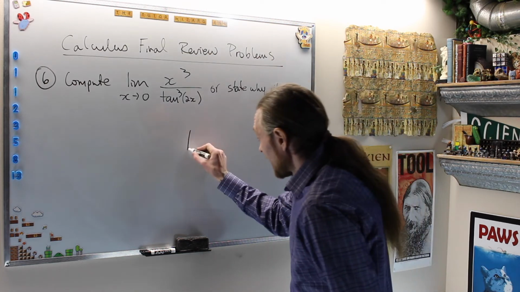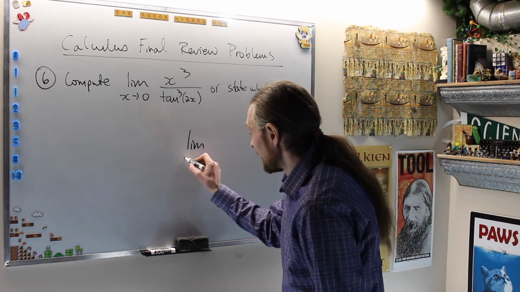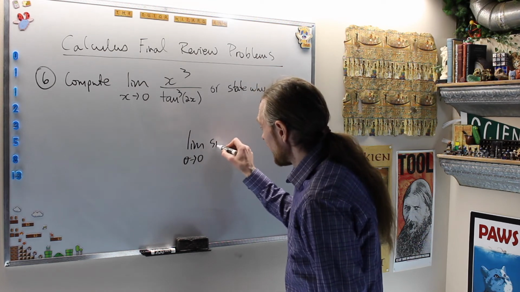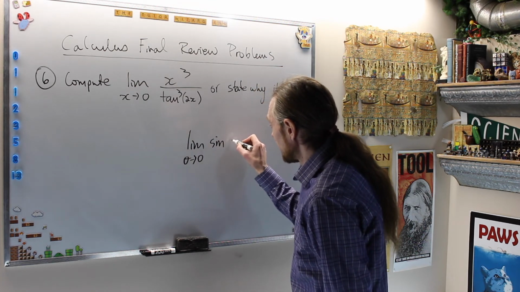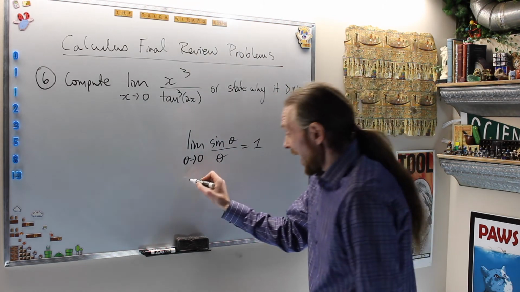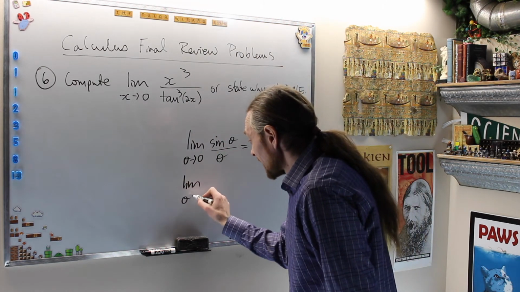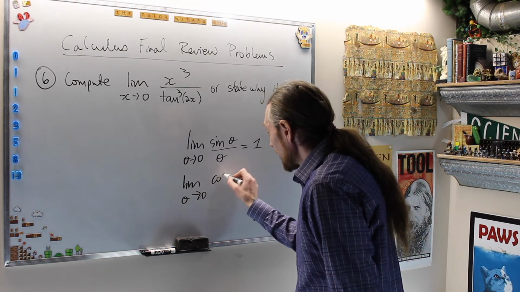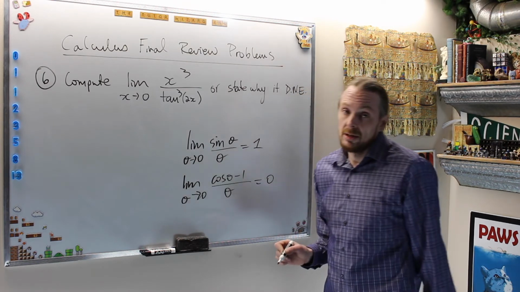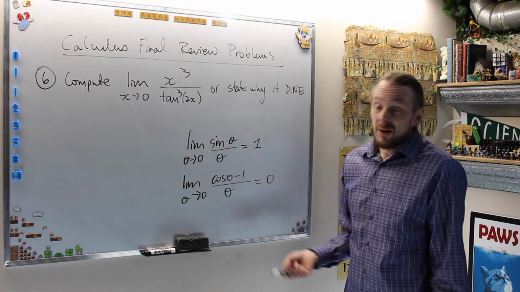So instead, what we want to see is these types of limits. The limit as theta approaches 0 of sine theta over theta equals 1, or the limit as theta approaches 0 of cos theta minus 1 over theta equals 0. We're looking for these two limits a lot of the time.